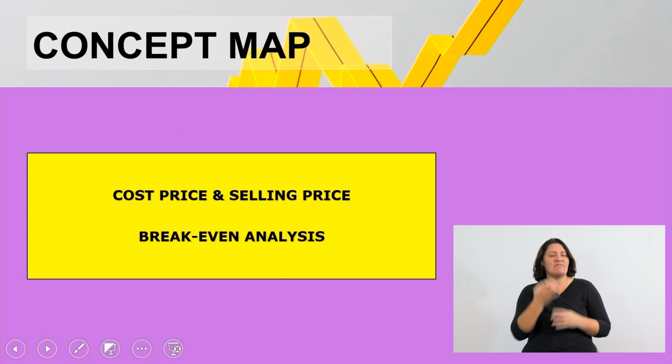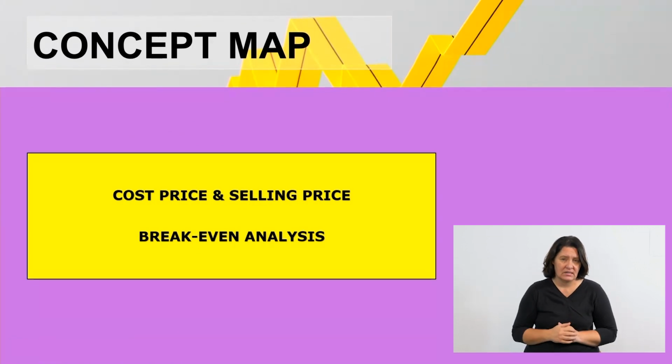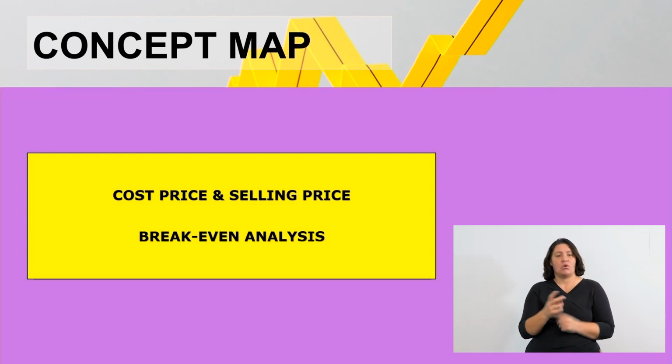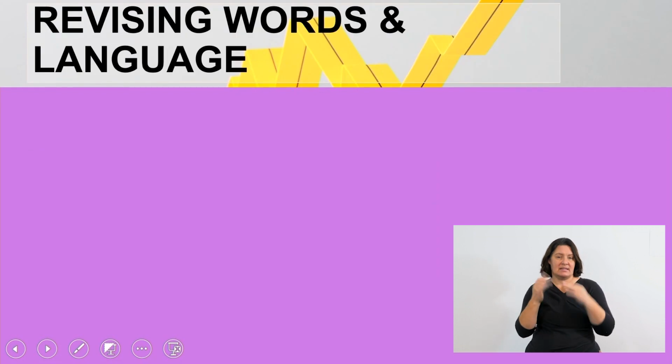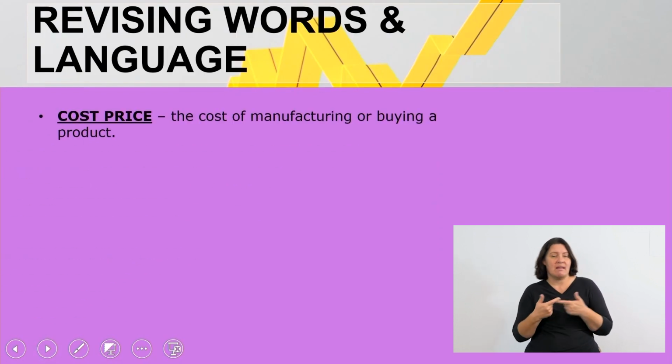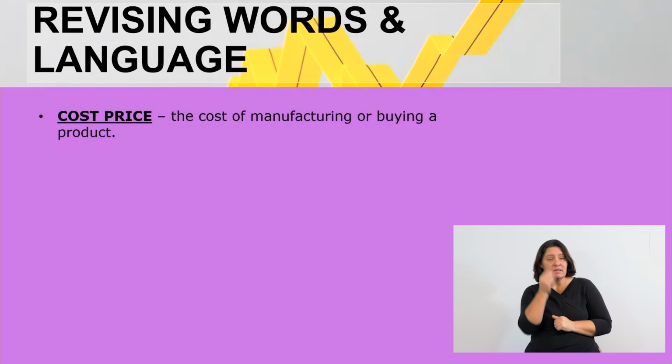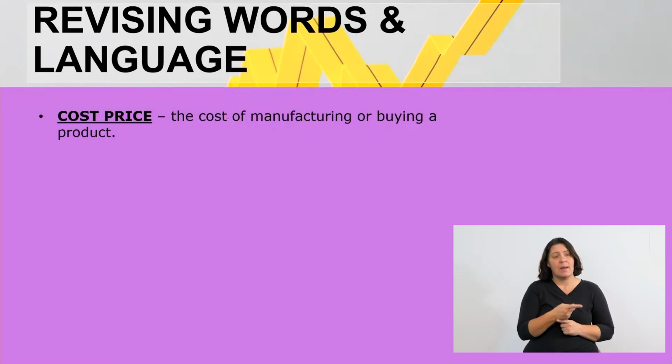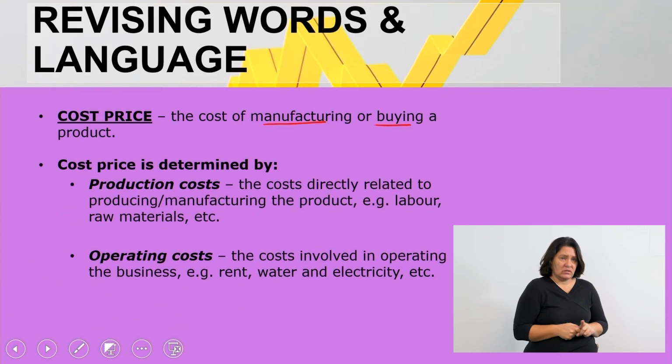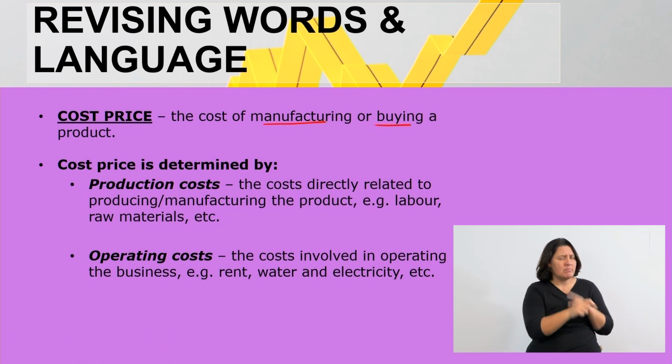Now, let's give you an idea of what to expect in today's lesson. As indicated before, we will be looking at the cost price and selling price, as well as break-even analysis. Also, words, language that's important to you. Right, and please take note of this. As mentioned earlier on, the cost price is the cost of manufacturing or buying a product. Okay, then cost price is normally determined by two factors. That's your production cost and also your operating cost. So what are our production costs?